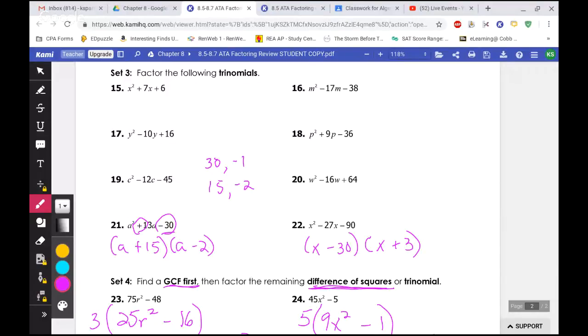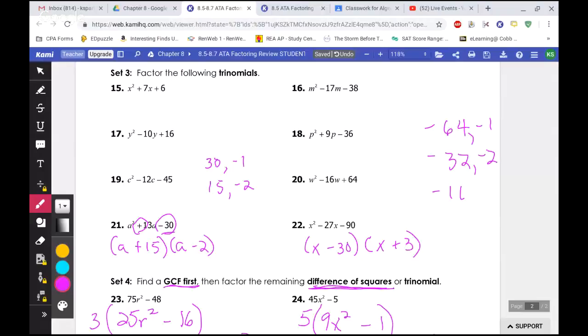So I'm looking for two factors of 64 that multiply together and add together to give me a negative 16. So negative 64 and negative 1 would give me a negative 65. Negative 32, negative 2 would give me a negative 34.